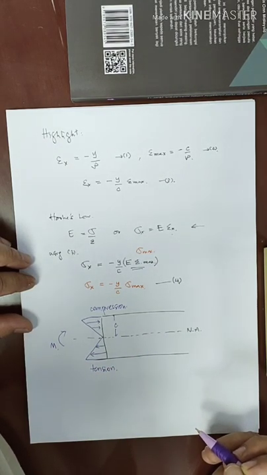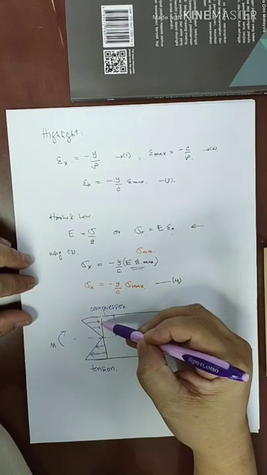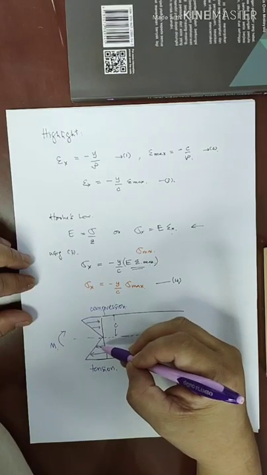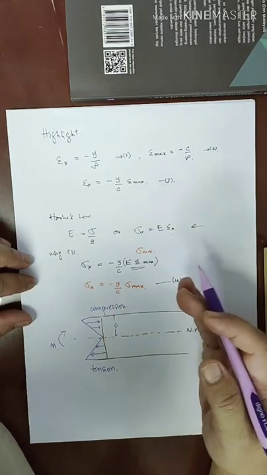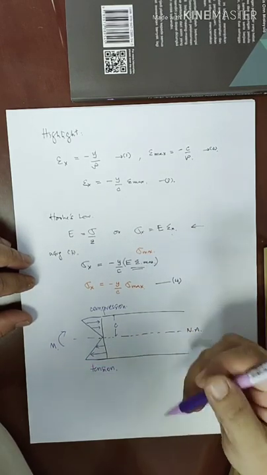Please note that for compression, the arrow sign is moving inward, whereas for tension it is going outward.